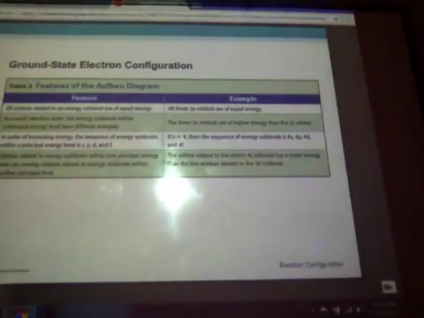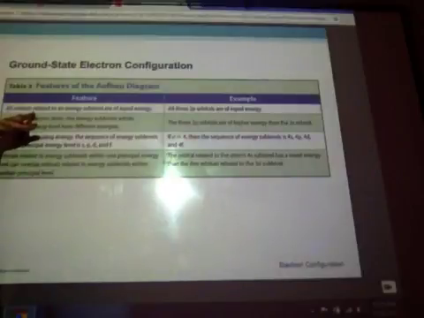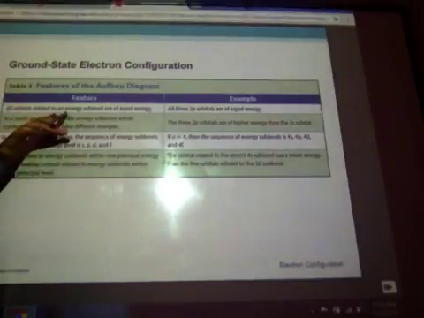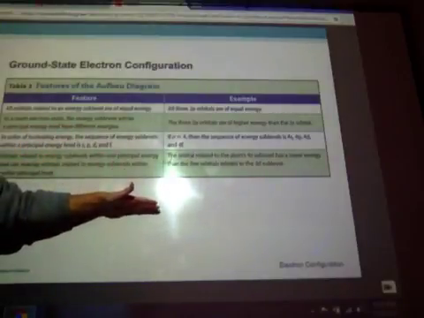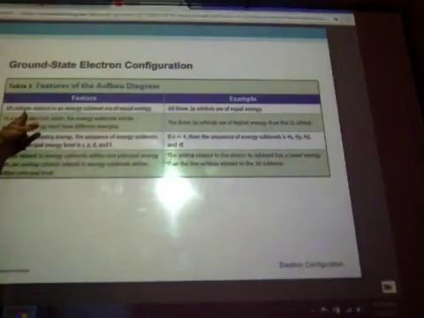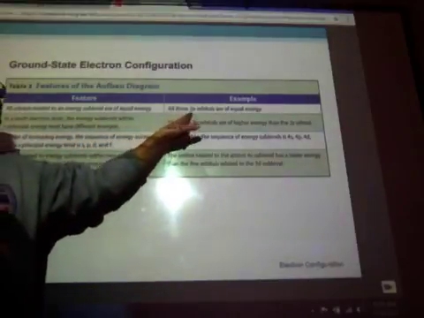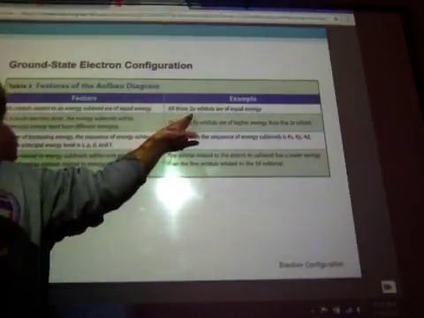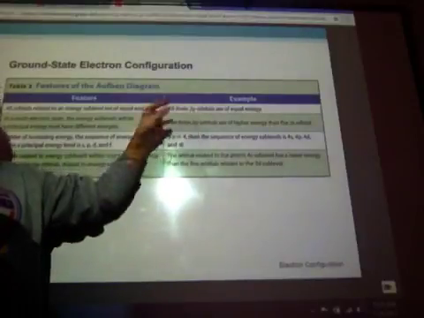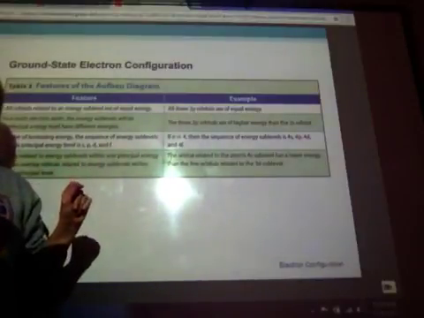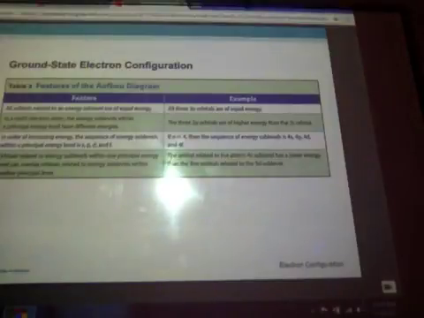Features using that diagram: all orbitals related to an energy sublevel have equal energy. Wherever those boxes on the prior diagram are, those are your orbitals. So if I have 3 orbitals lined up, like you did in your 2p, all of those have equal energy. All 3 of them are the same.